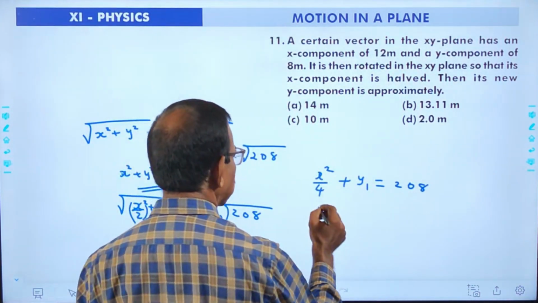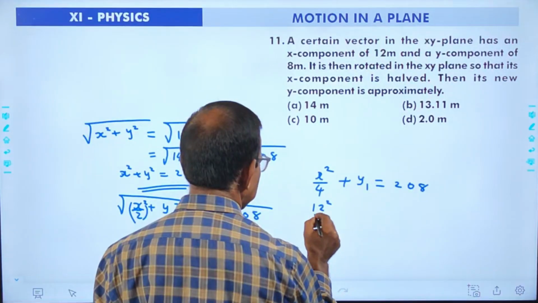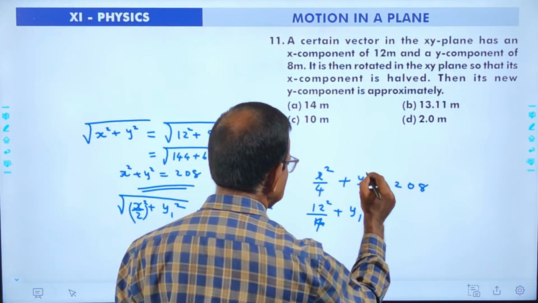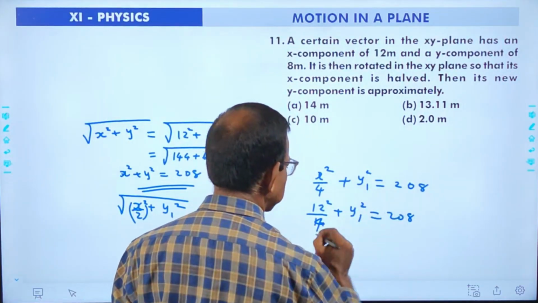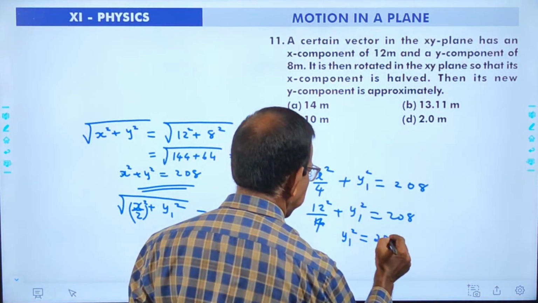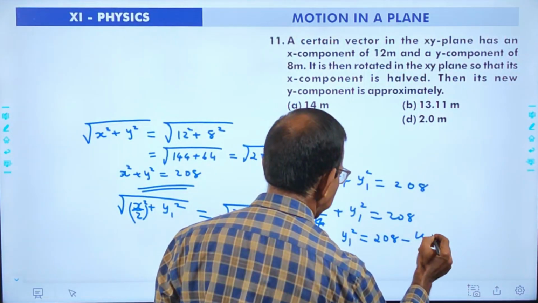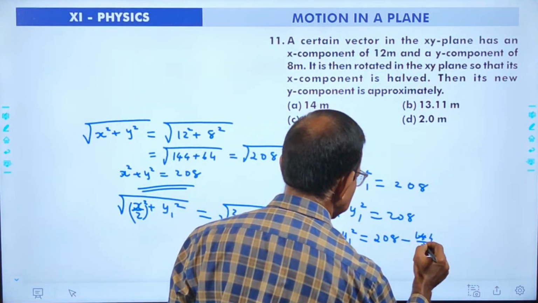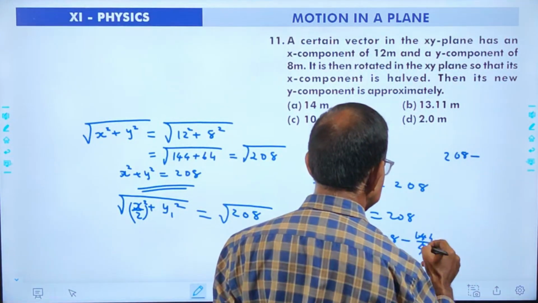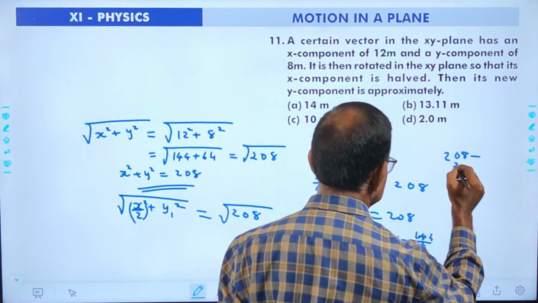X is already given 12. That is 12 square by 4 plus y1 square equals 208. That is y1 square equals 208 minus 144 by 4. That is, we will get 208 minus 36.